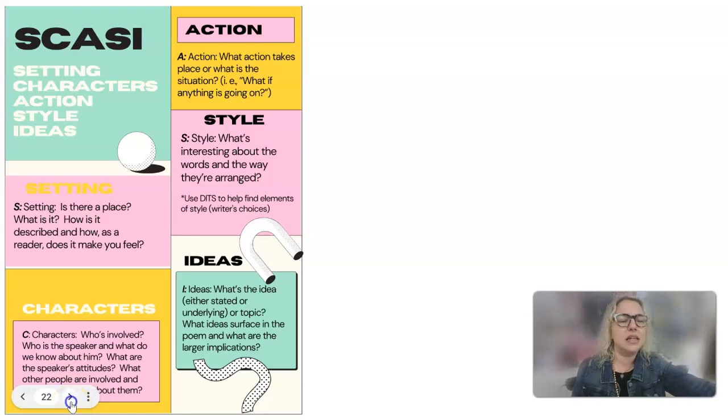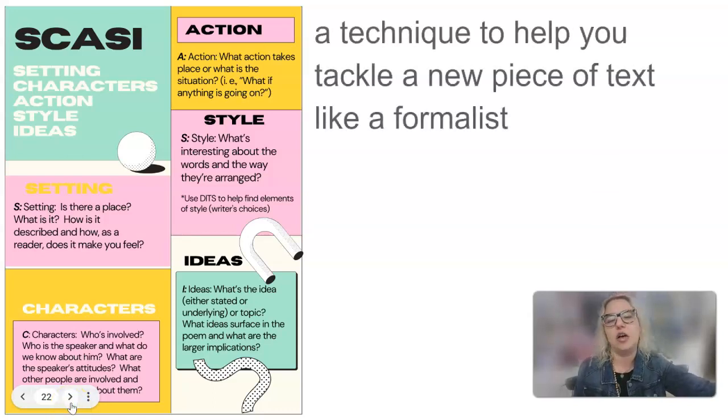But SCASI is a technique to help you tackle a new piece of text like a formalist, because it first of all helps us understand the literal meaning of a poem or a short piece of text. And this is a step that a lot of students miss.